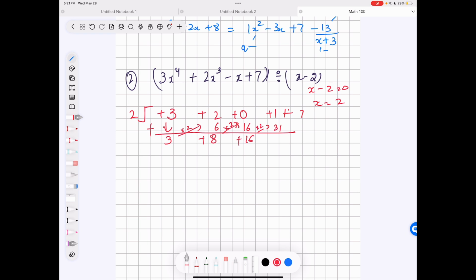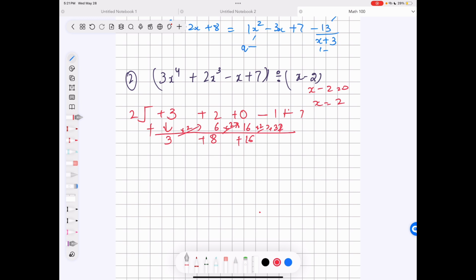Oh, mind you, here this is going to be minus 1 from the equation. So if I add it, 32 minus 1 is going to be 31.